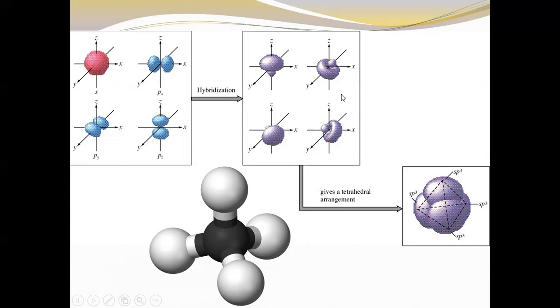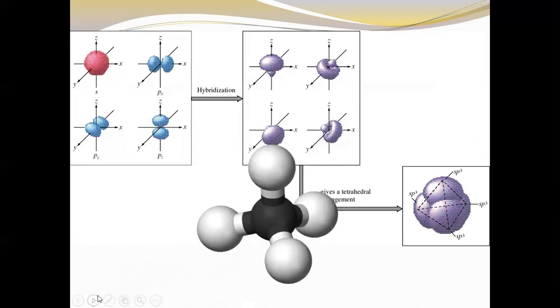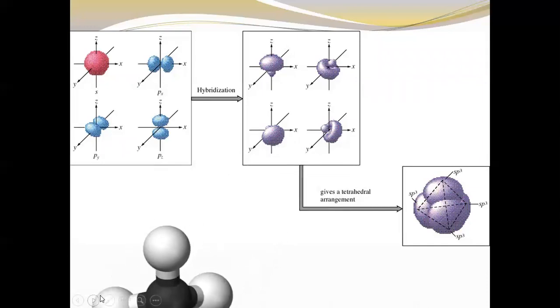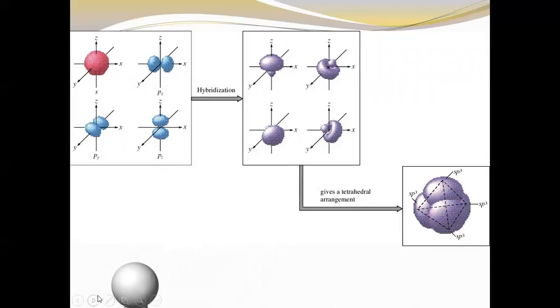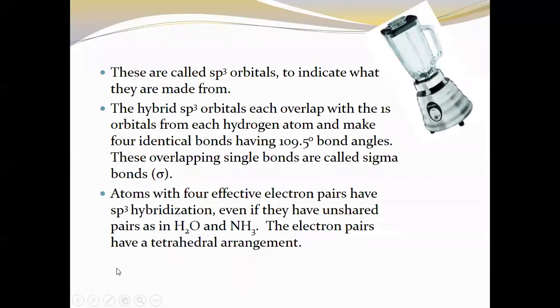And when all four of these orbitals fit together, they look like this. And you get this tetrahedral arrangement. So that blending that we talked about, these are called sp3 orbitals to indicate what they are made from.